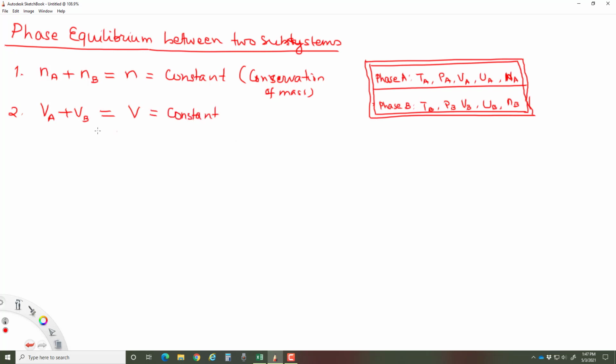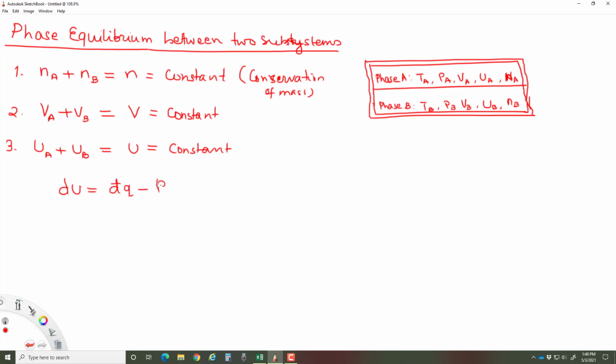Also there is constant internal energy in the whole system. Sometimes phase A may have more internal energy than phase B, other times B may have more internal energy than phase A, but the total is always constant. And we know that from the first law of thermodynamics. So dU is dQ minus PdV.